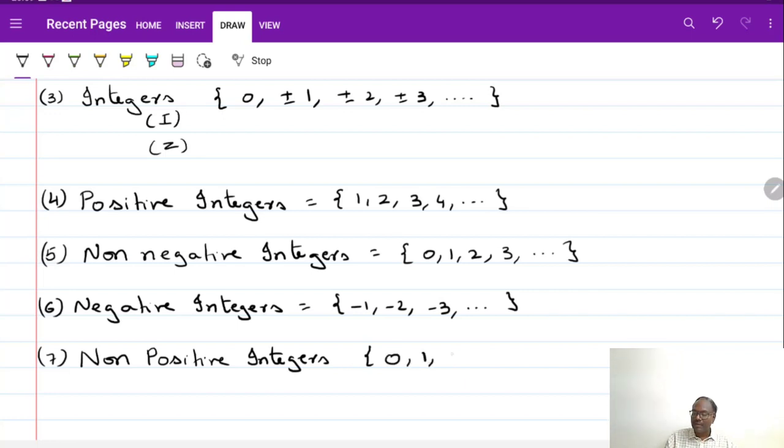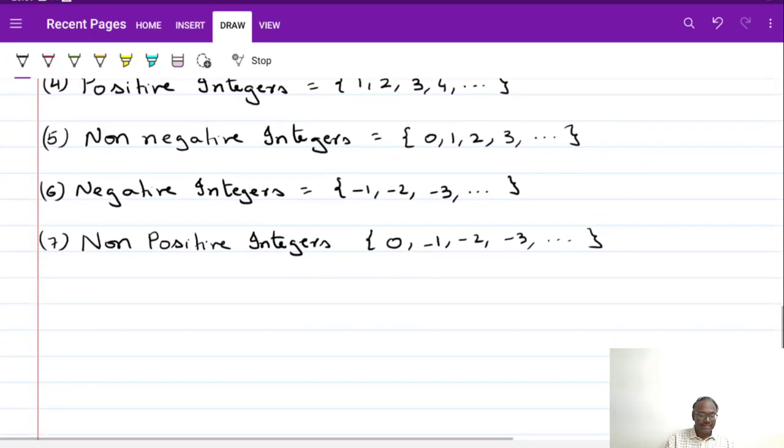So 0, -1, -2, -3, and so on. They are all non-positive integers. So non-positive integers include 0 and all the negative integers: 0, -1, -2, -3, and so on. These are called non-positive integers.